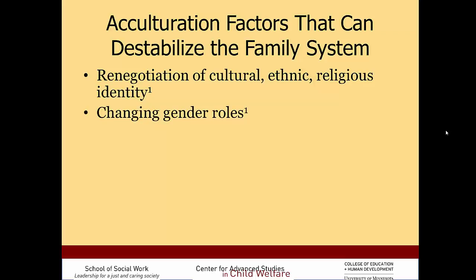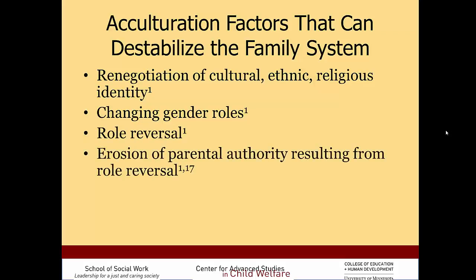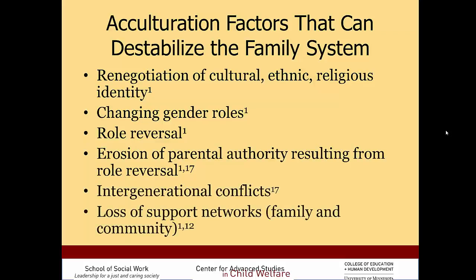They may have to face changing gender roles, role reversal, erosion of parental authority, which results from role reversal, intergenerational conflicts, and loss of support networks, such as family or community. These are all factors that can destabilize the family system, and that child welfare workers should be aware of in working with families from refugee backgrounds.